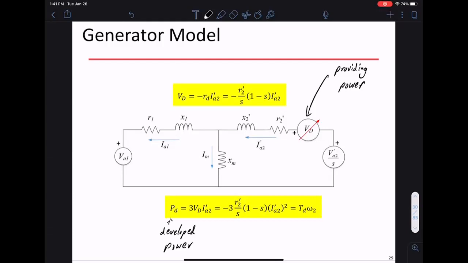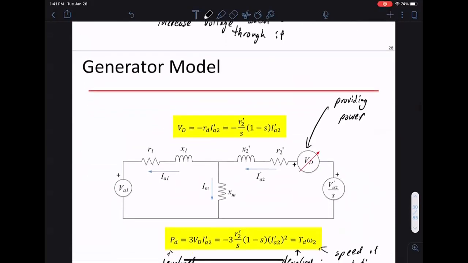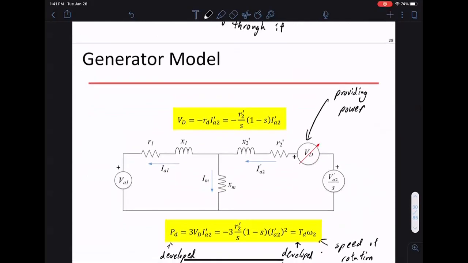So that's why this developed power is equal to the developed torque multiplied by the speed of rotation. Sometimes it's better to think of this negative resistance as a voltage source that's putting out PD.